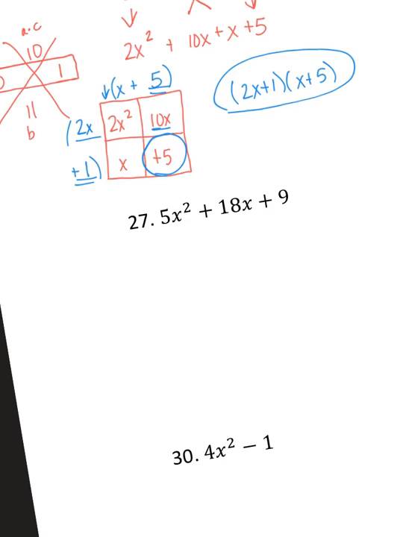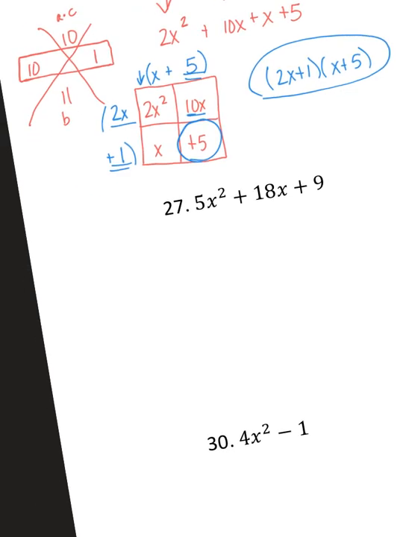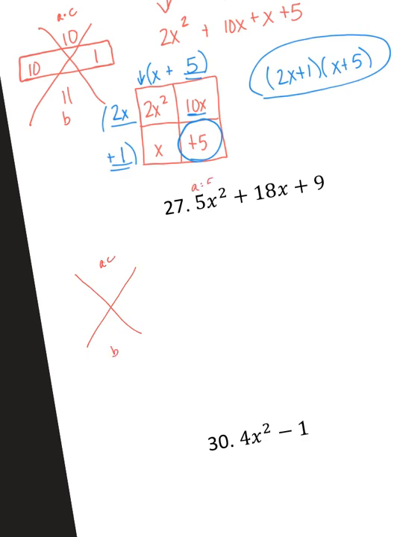So we're going to start with the diamond, sorry. And up here, we're going to do a times c, and down here, we're going to do b. So a is equal to 5, b is equal to 18, and c is equal to 9. 5 times 9 is 45, and b is equal to 18. So we're looking for two numbers that multiply to 45 and add up to 18.